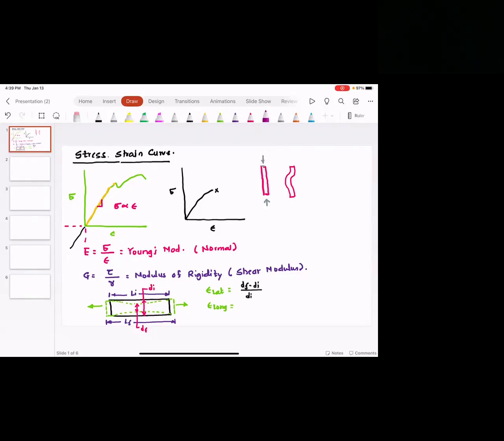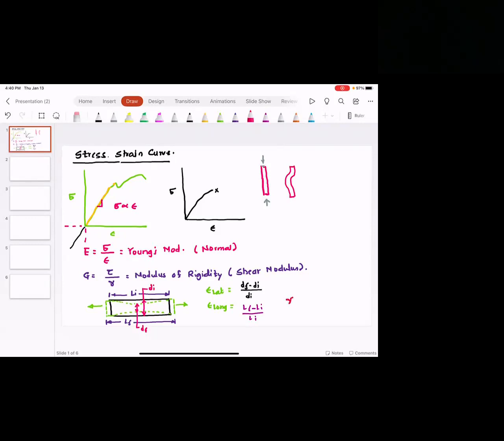And for longitudinal dimension, it is L_f minus L_i divided by L_i. So please observe, for tensile loading, the longitudinal strain is going to be positive, lateral strain is going to be negative.